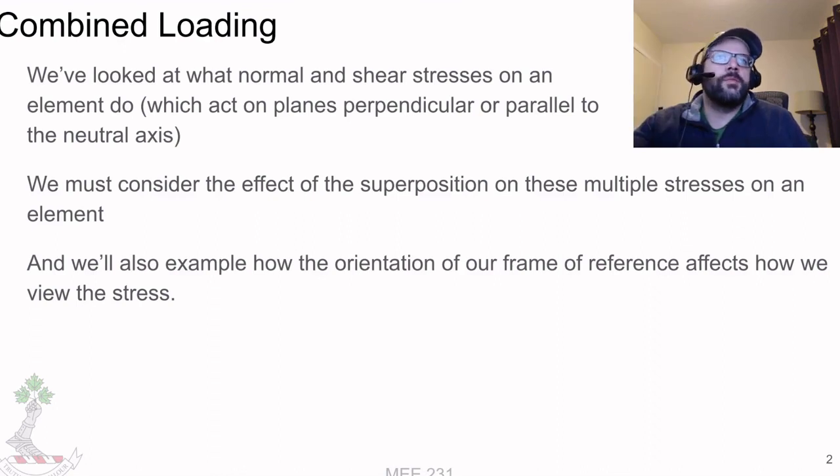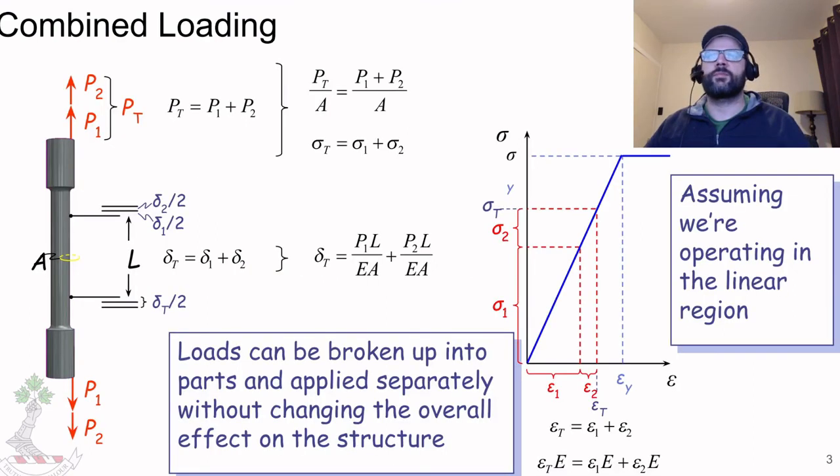So when we have combined loading, it's based upon the principle of superposition. So basically, if you take a load, you can break it up into multiple parts and apply those loads separately, and basically the combination will be the same.